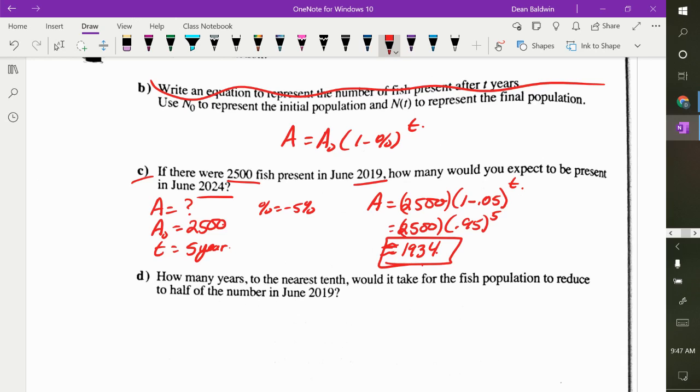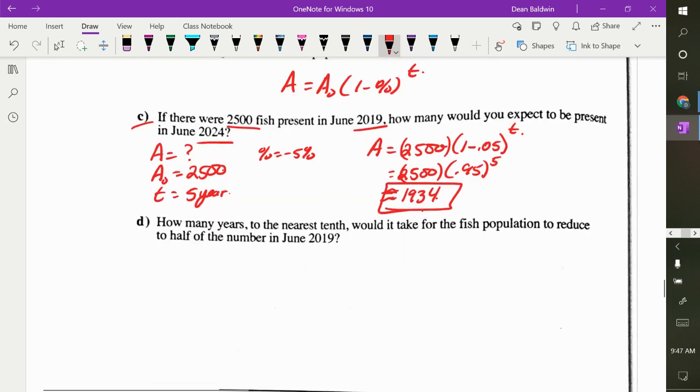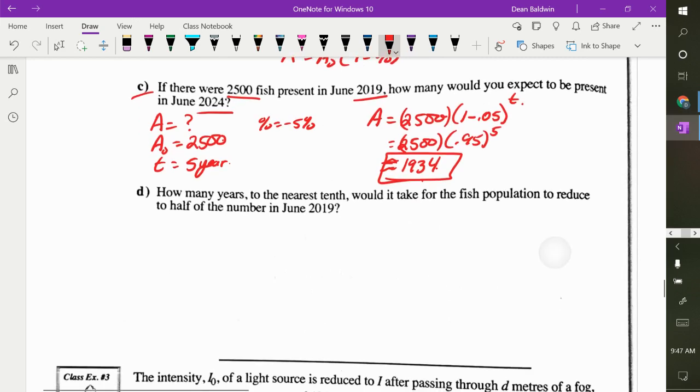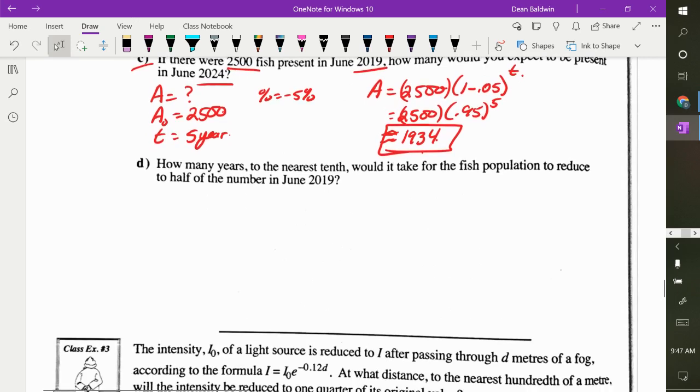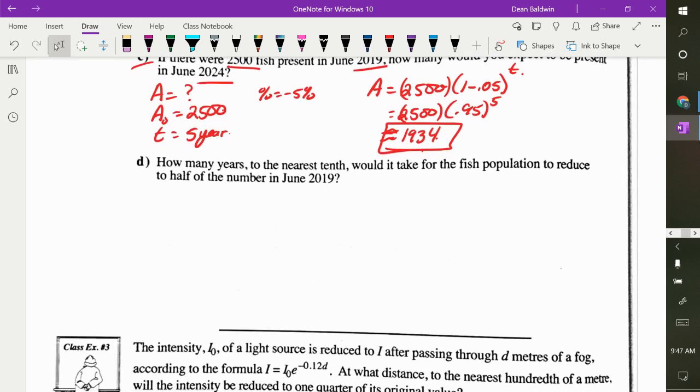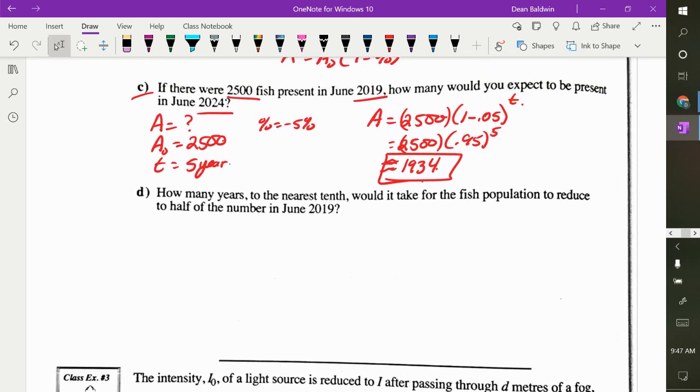It's like half a fish. I don't think that's possible. I know. All right. Because it's 1 minus 0.05, because it's going down, right?